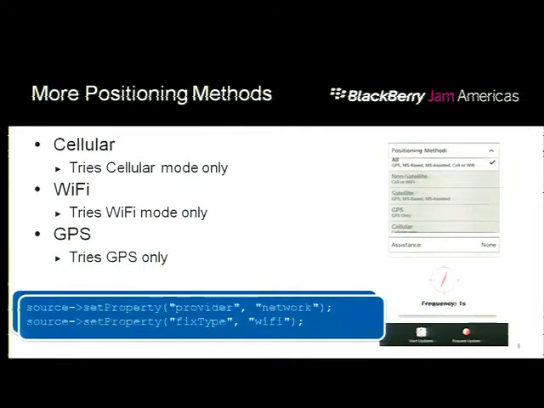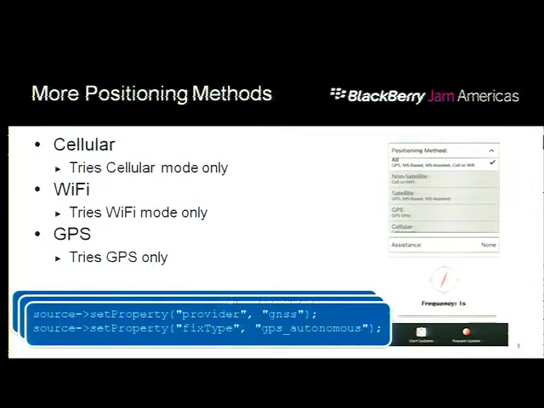That's only going to do Wi-Fi. If you want GPS only, you set the provider to GNSS and the fix type to GPS autonomous. I know these are string parameters, not great APIs, but we are working on defining constants for them. Once we have the constants, it's going to be a little bit easier to use them, or less error prone, let's put it that way. But you have to use the strings exactly as you see on the screen.